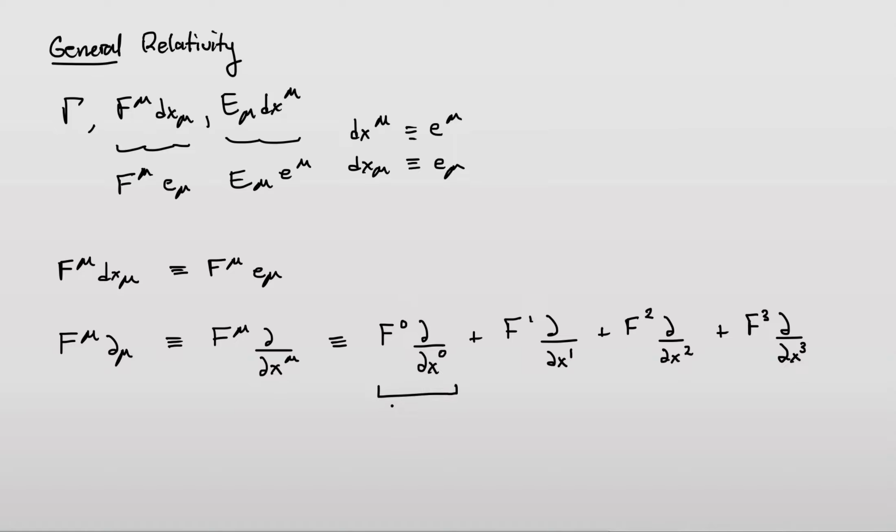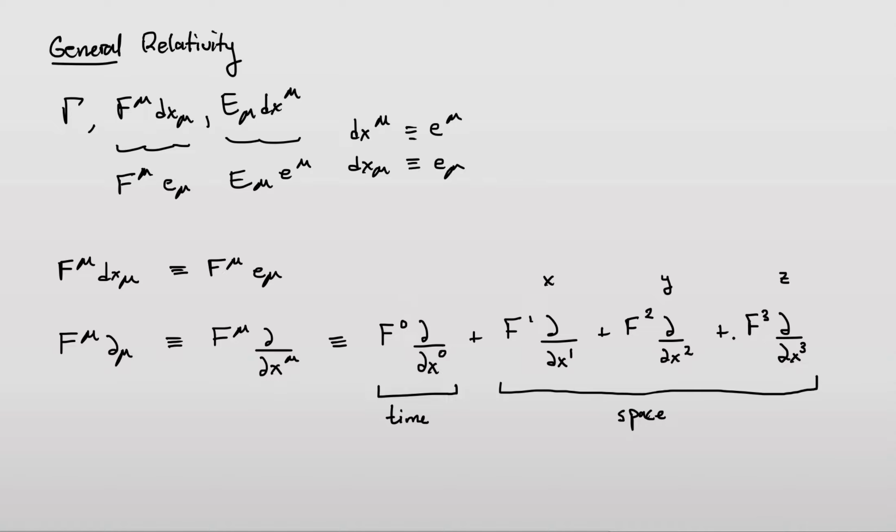This is the time component, and these guys are the spatial components. This is sort of the x position, the y position, and the z position. But in this case, it's the dx1 position, the dx2 position, and the dx3 position.